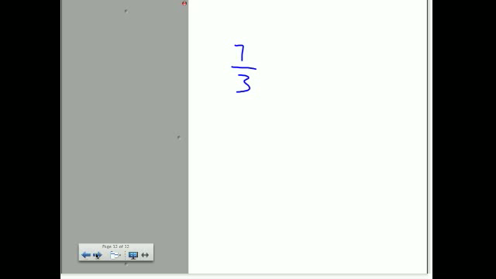In this example, the improper fraction is 7 thirds. I know when I make it a mixed number, it's going to be more than 1 because the numerator is greater than the denominator. 3 thirds would be 1 whole. I have 7 thirds. I'm going to start by writing my denominator because I'm working with thirds. 3 goes into 7 2 times, so that's going to be my whole number.